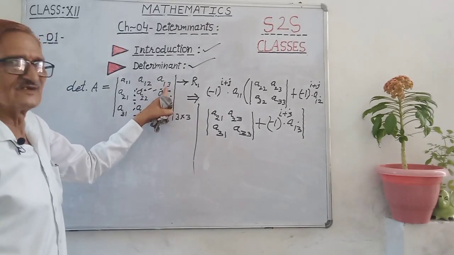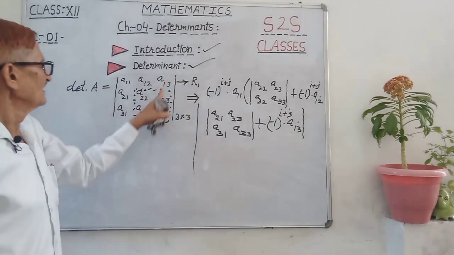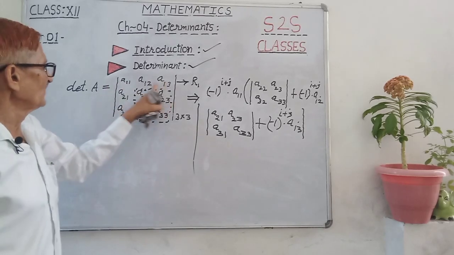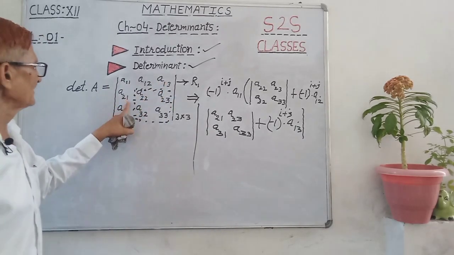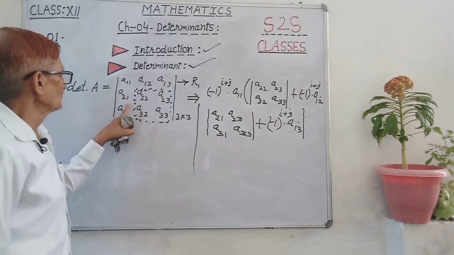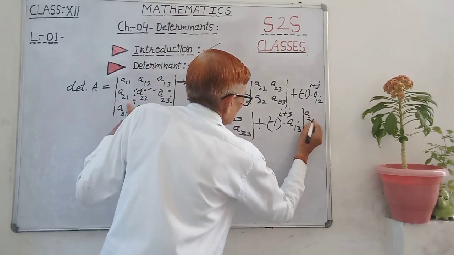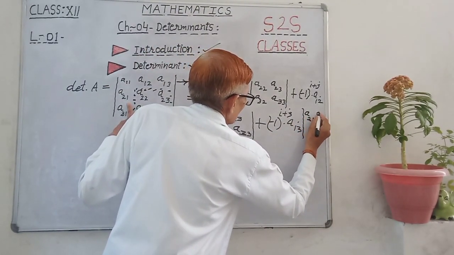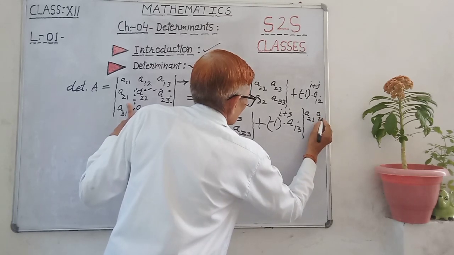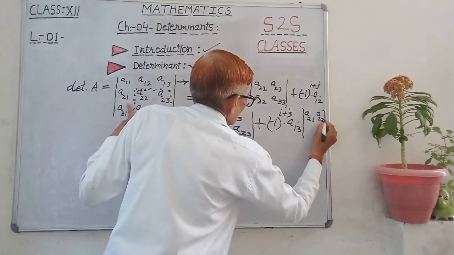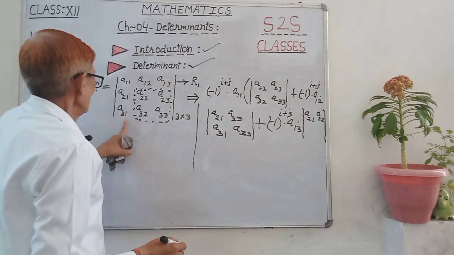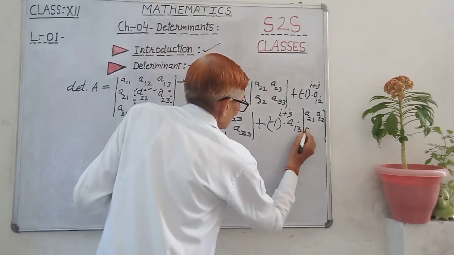So this element a13, column is third and row is first, so first row and third column cancel out, remaining these two: a21 a22, a31 a32.